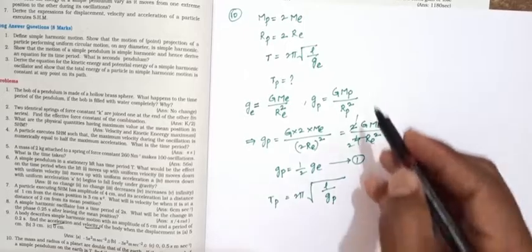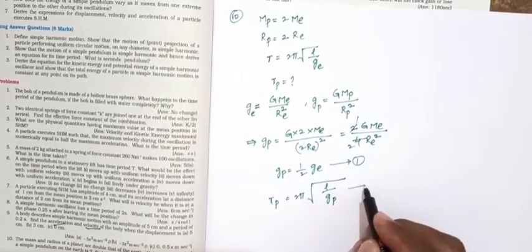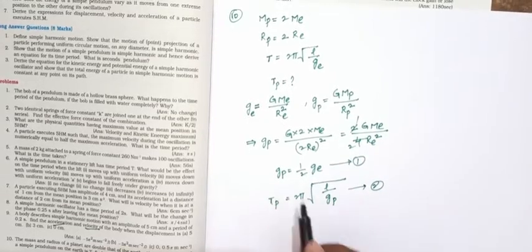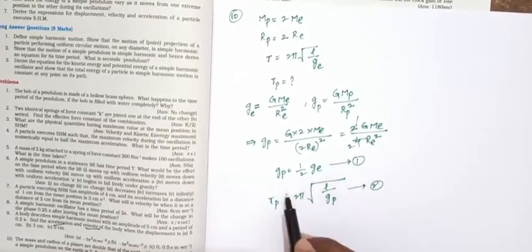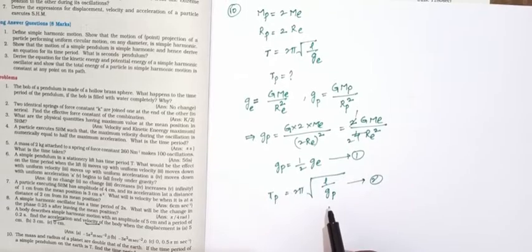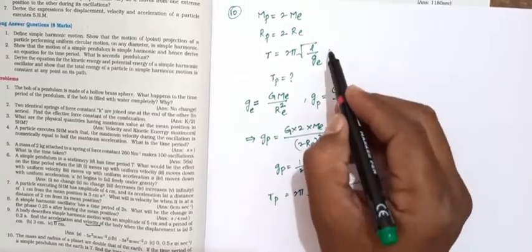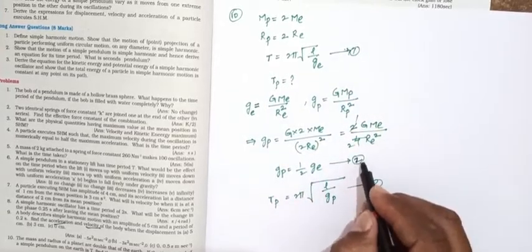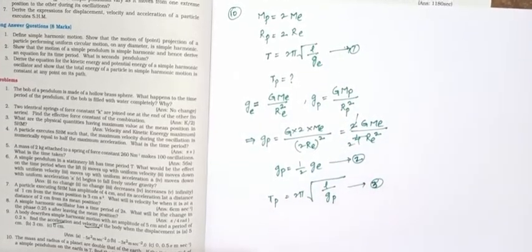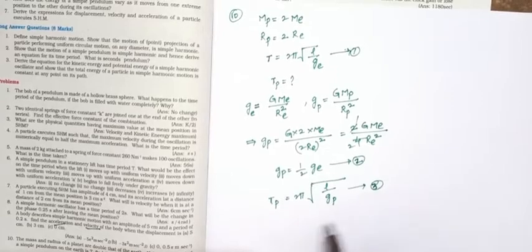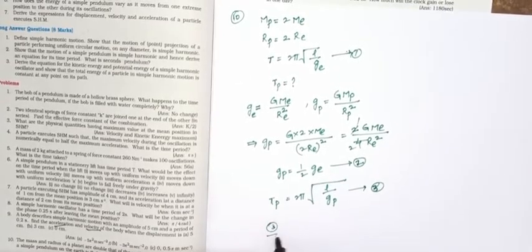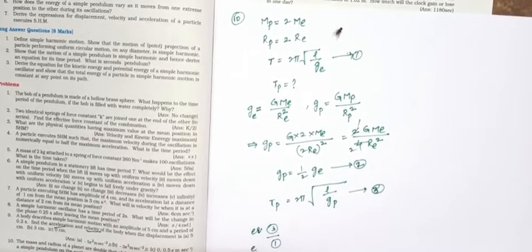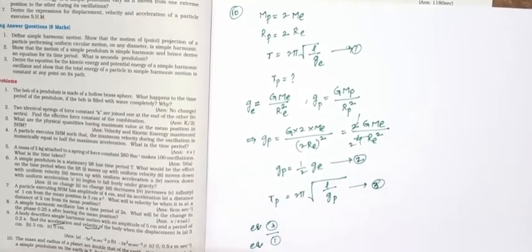Okay, so this is equation number 2. So for example, this is equation number 1, it is equation number 2, it is equation number 3. Equation number 3 by equation number 2.